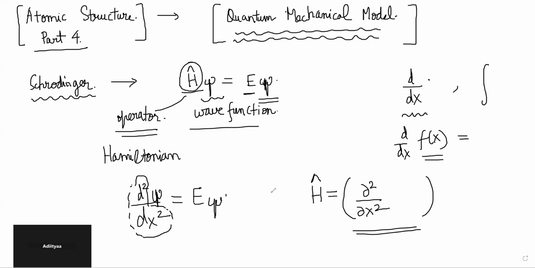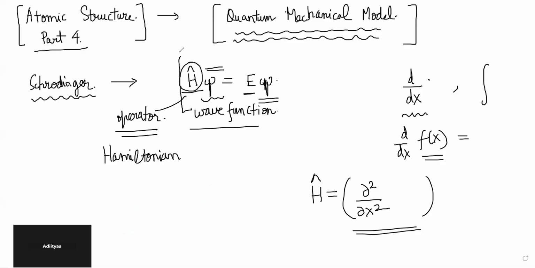I'm just showing you an example of what the equation would be like. It is a double derivative and also not just a derivative in x. It is a partial derivative, dependent on x, y, z, the three coordinates in space. That operator applied to the function psi is equal to E psi.